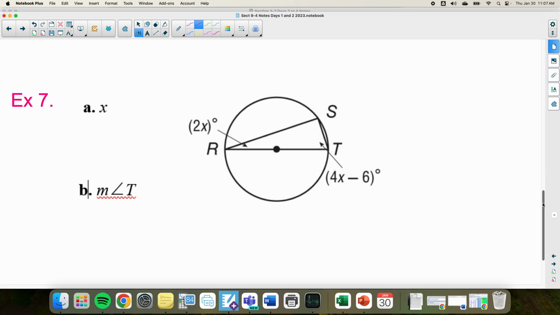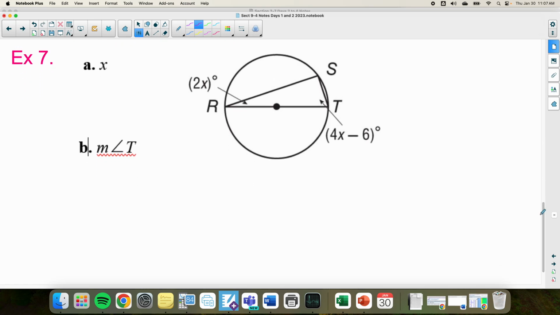If we go down and look at this one, it would be the same thing. So we have a triangle inside of a circle, and if this is a diameter, that makes this angle across from it 90. If that's 90, my two angles add up to 90.